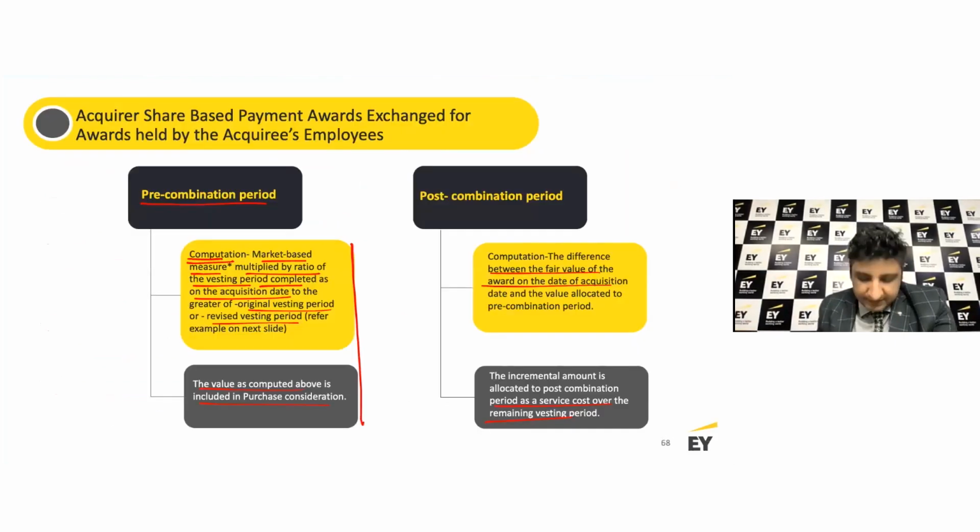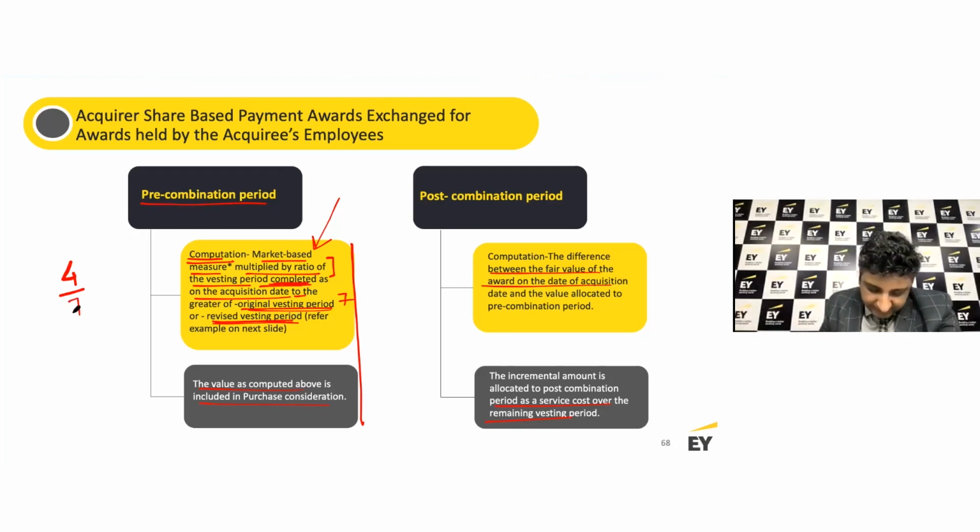It says that the market-based measure is multiplied by the ratio of the vesting period completed, right? The vesting period completed was 4, okay, to the greater of original vesting period or revised vesting period. Our original vesting period is 7, revised vesting period is 6, by the way, because instead of the remaining 3 years, you are expecting employees to serve only 2 years.